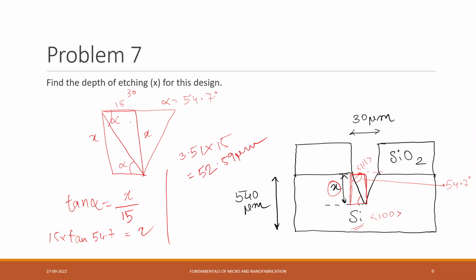So this will be essentially the length of X. Okay, I hope you all are getting the same value. If any doubts, you can ask.